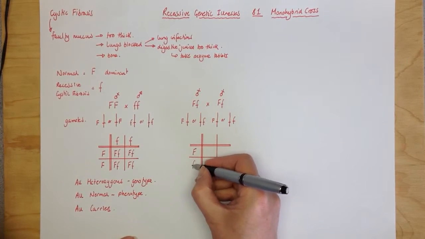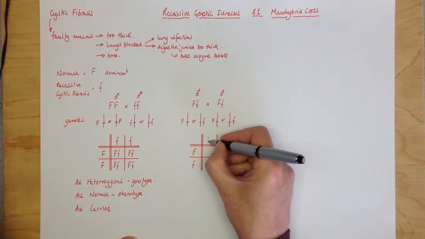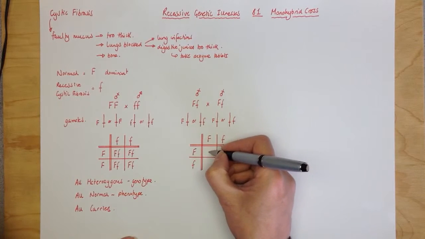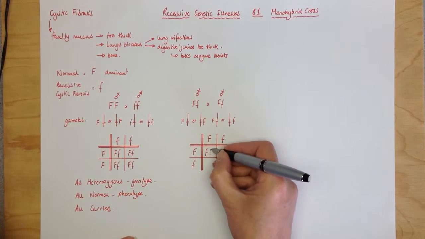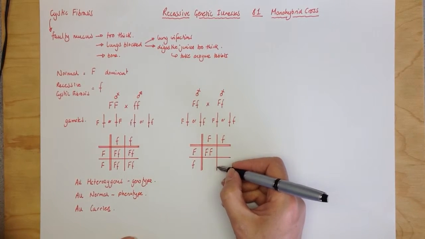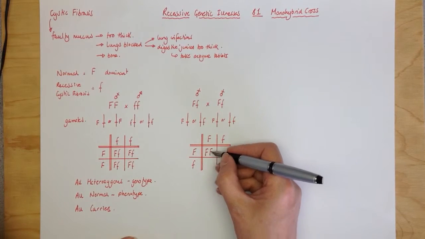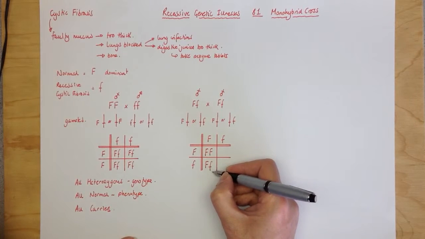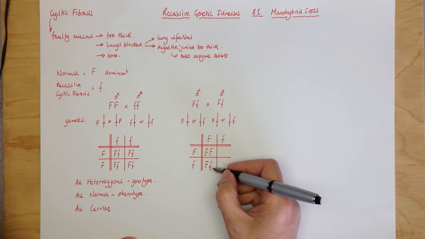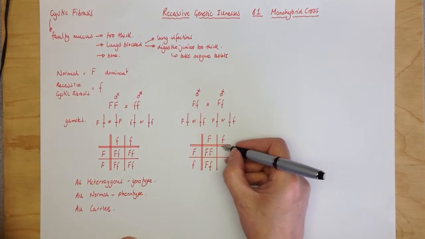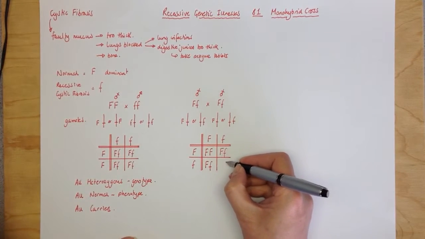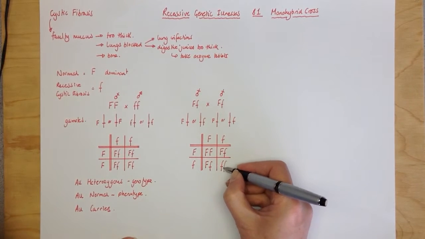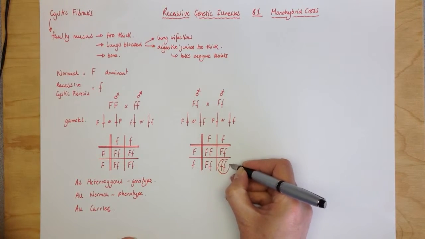Half normal, half recessive. Dad's sperm, half normal, half recessive. So if this sperm meets this egg during fertilisation, you produce a homozygous dominant normal child. If this sperm meets this egg, you would have a heterozygote carrier child, but they'd have the normal phenotype. Same with this child.